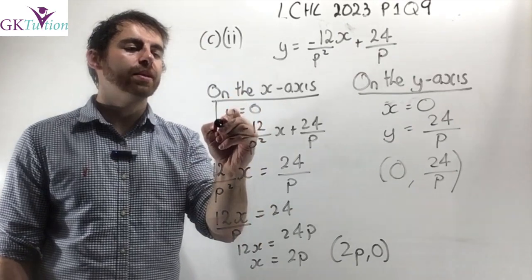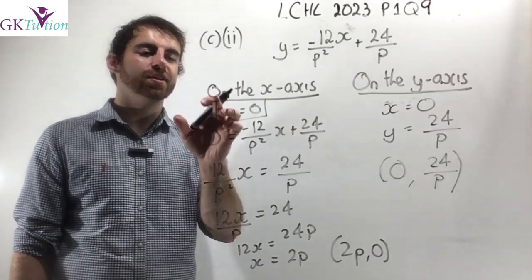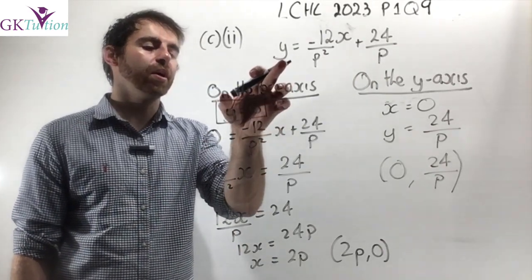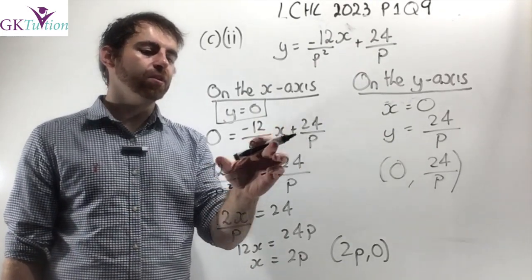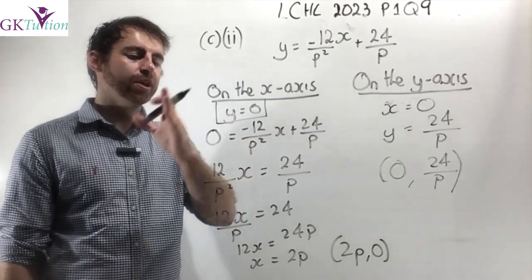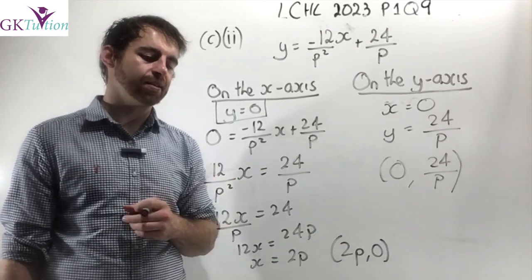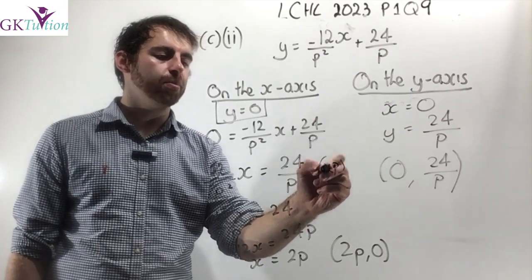The thing that we know about the x-axis is that every coordinate, every point, has a y value of 0. So in this case, I'm subbing into this equation, except instead of a y, I'm subbing in a 0. And I'm just left with these two terms. What I did then was bring the x term to the left and it becomes 12 over p squared x. And then what I did on the next line was I multiplied both sides by p.